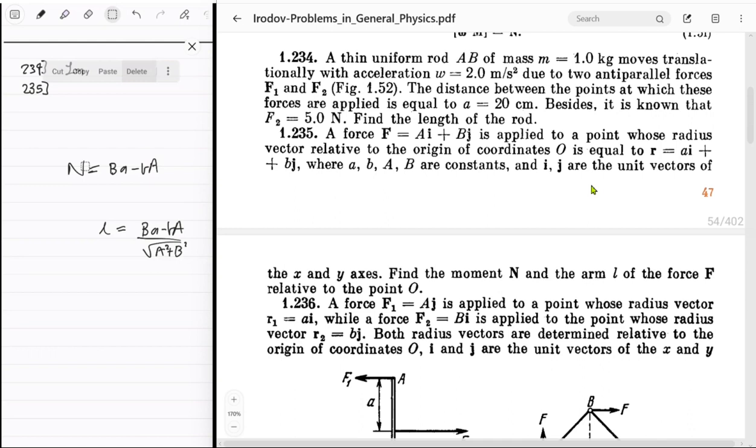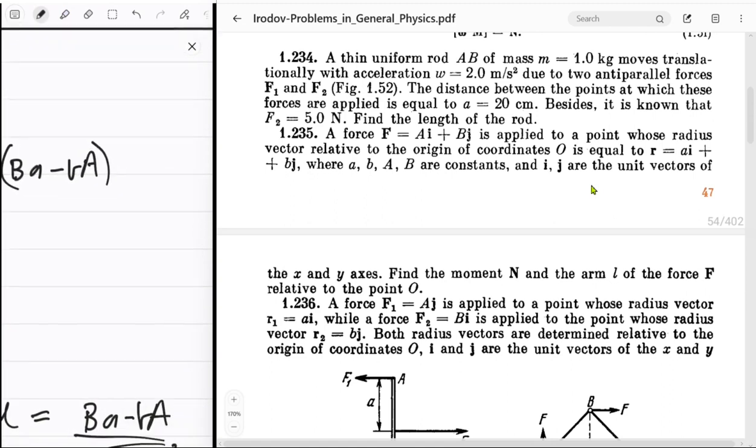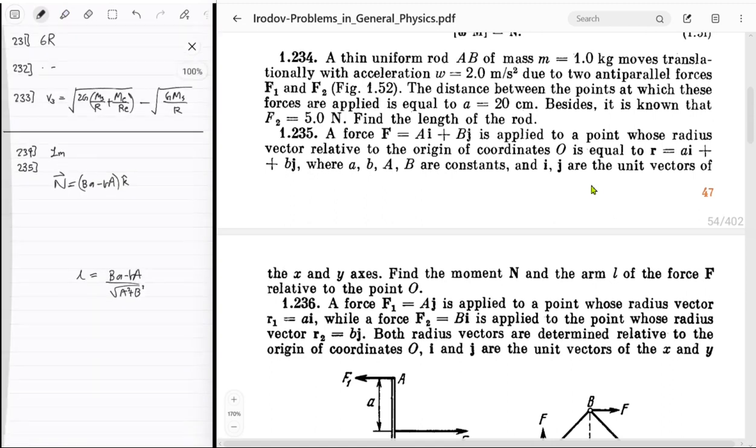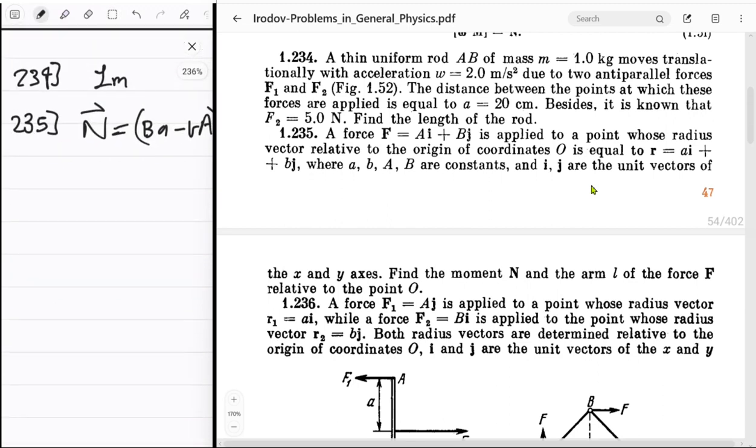It's in the k hat direction, so N hat is equal to this stuff in the k hat direction. Why do they use these weird notations? Everyone uses tau, they are using N.